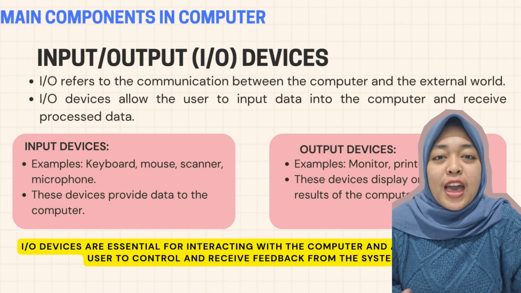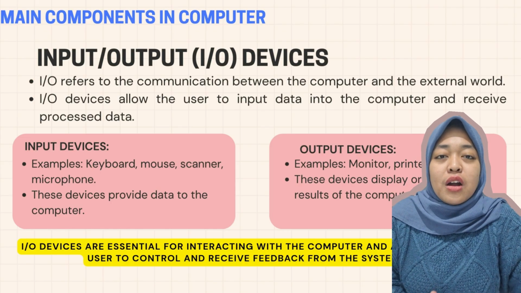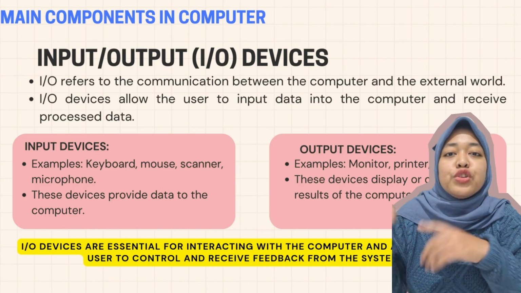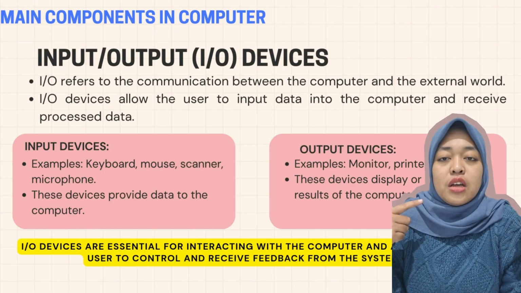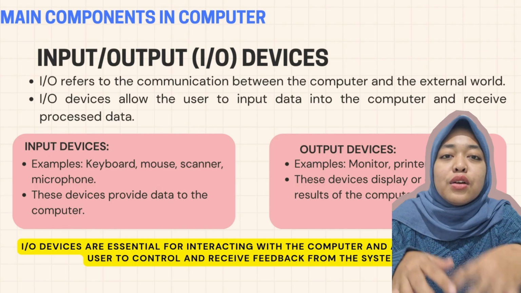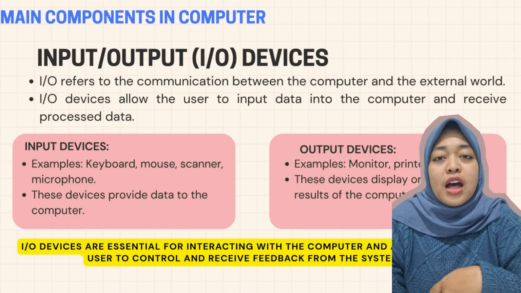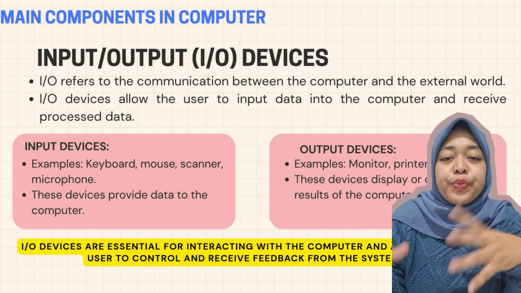And last, we have input or output devices. Input or output refers to the communication between the computer and the external world. Input or output devices are essential because they allow the user to input data into the computer and receive the processed data back.